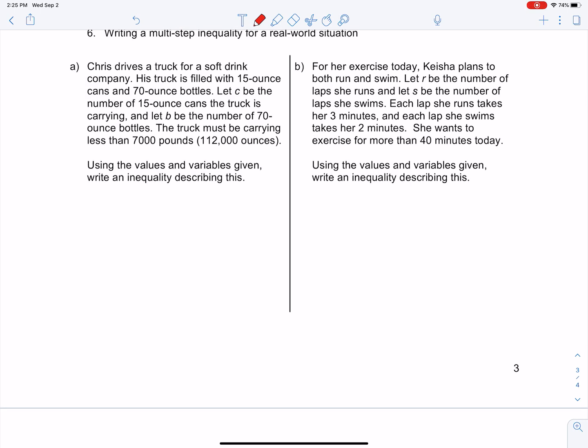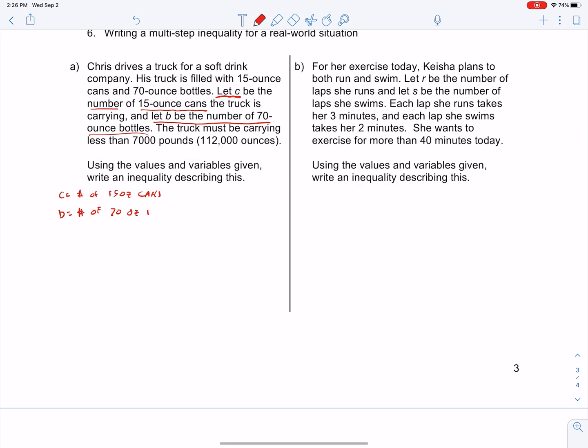Okay, well, let's first write out what variables represent what. Let C be the number of 15-ounce cans, so C equals the number of 15-ounce cans, and let B equal the number of 70-ounce bottles.